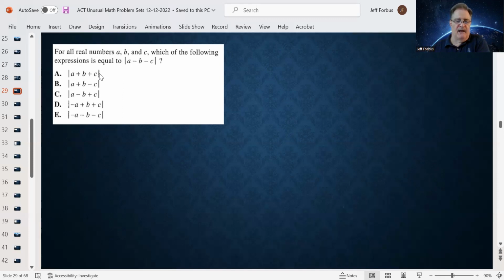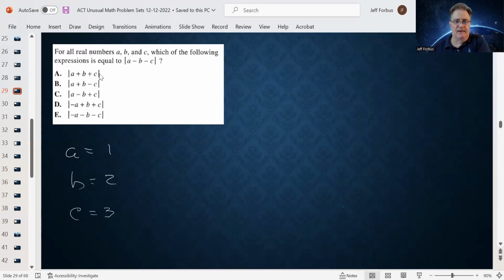Well, okay, let's assign some numbers to these letters. Let's say A is going to be equal to 1. Let's say B is equal to 2, and C is equal to 3.